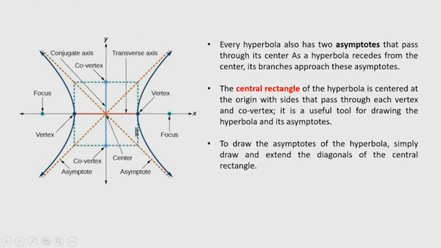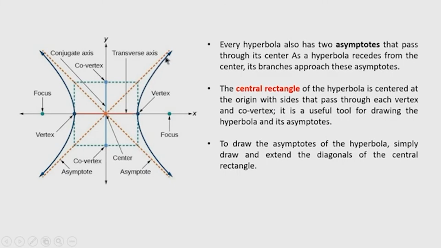Now, every hyperbola has two asymptotes. You are seeing the two asymptotes here: as the hyperbola recedes from the center, its branches gradually become asymptotic, that is, they approach the asymptote.